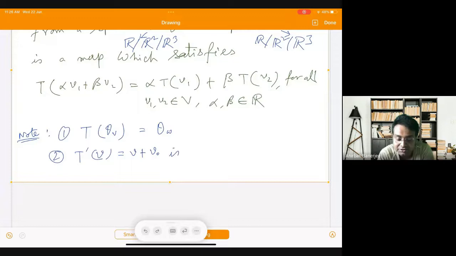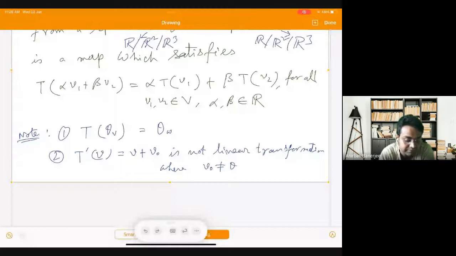Then this T prime is not a linear transformation, of course, where V naught is not the null vector, it is a constant vector.